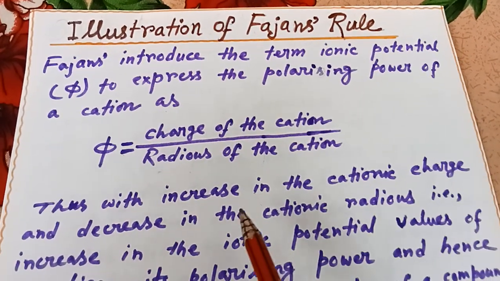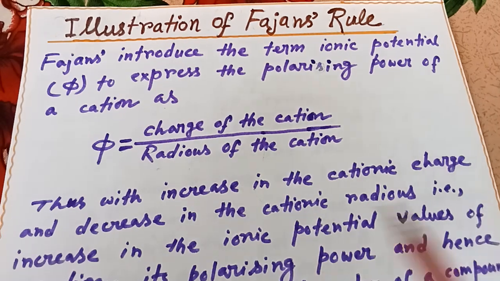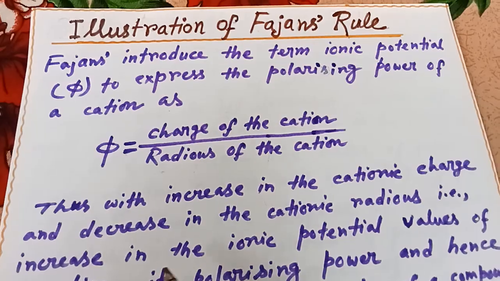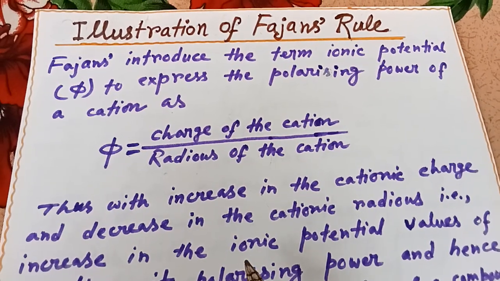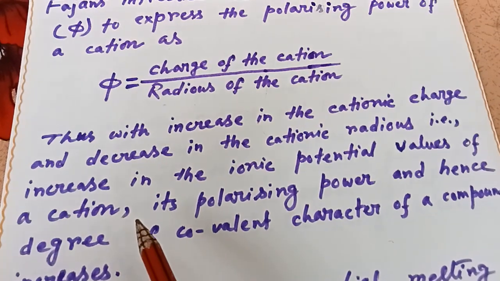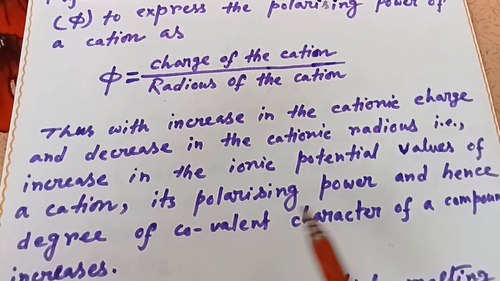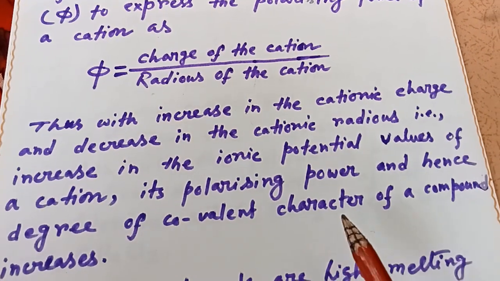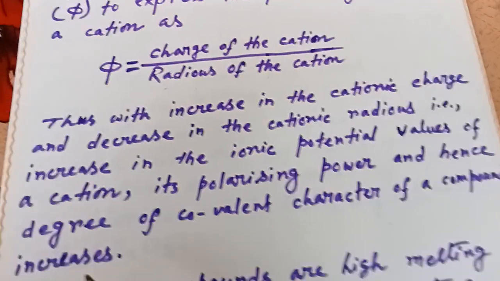Thus, with increase in the cationic charge and decrease in the cationic radius, that is, increase in the ionic potential value of a cation, its polarizing power and hence degree of covalent character of a compound increases.